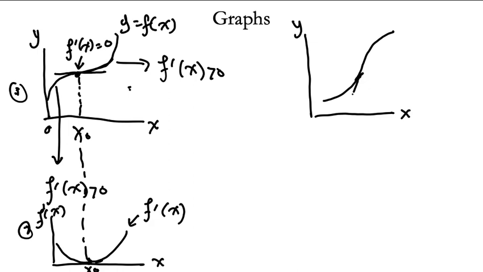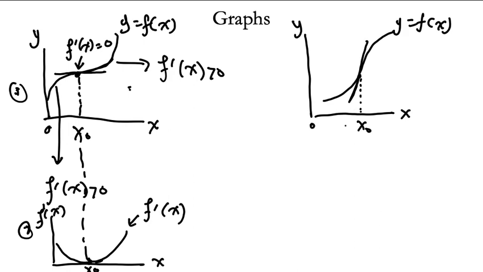So let's say something like this, right? Okay, now this one is y as a function of x as well, but then we have what here? Okay, so here, let's call x here as x naught as well.